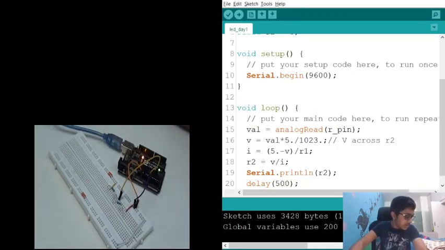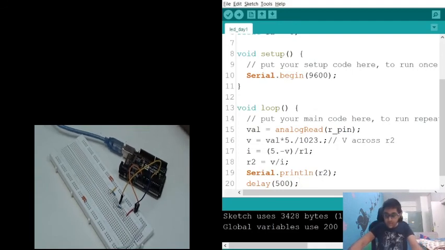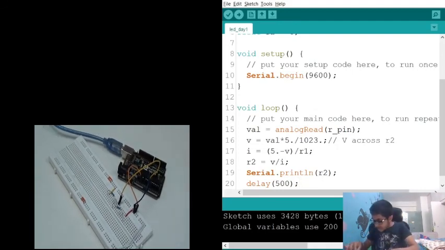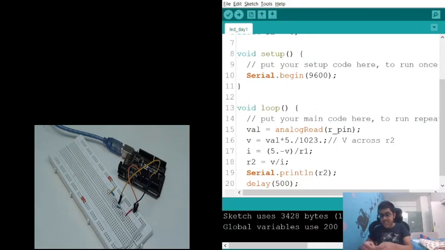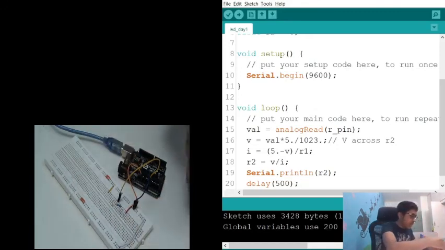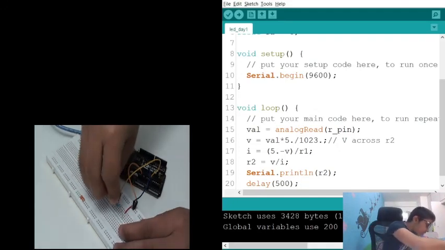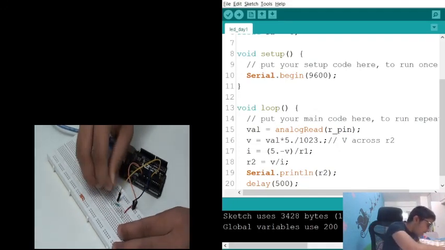All right. Let's introduce a larger change this time. I'm going to take only a 100 ohm resistor. So, there's a whole order of magnitude apart. All right, let's try this thing. Okay, replace the 2k ohm resistor with the 100 ohm resistor.